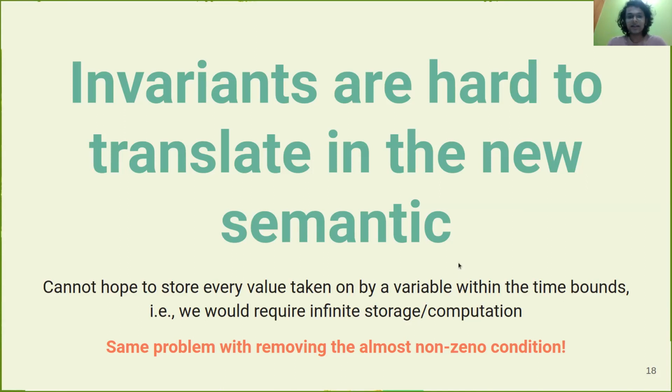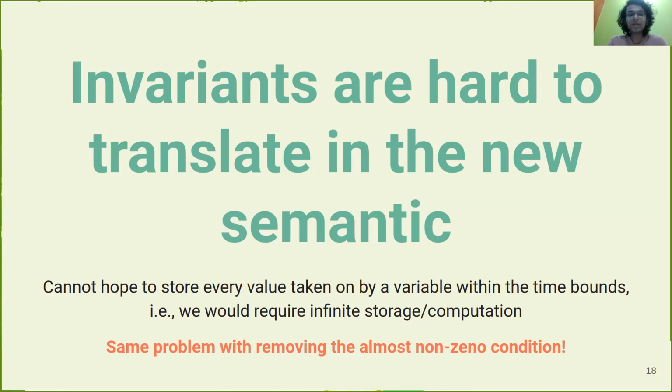Again, as I just mentioned, it's the same problem with removing the almost non-zero condition. It would be extremely hard to capture within a regular hybrid automaton if we remove this condition.